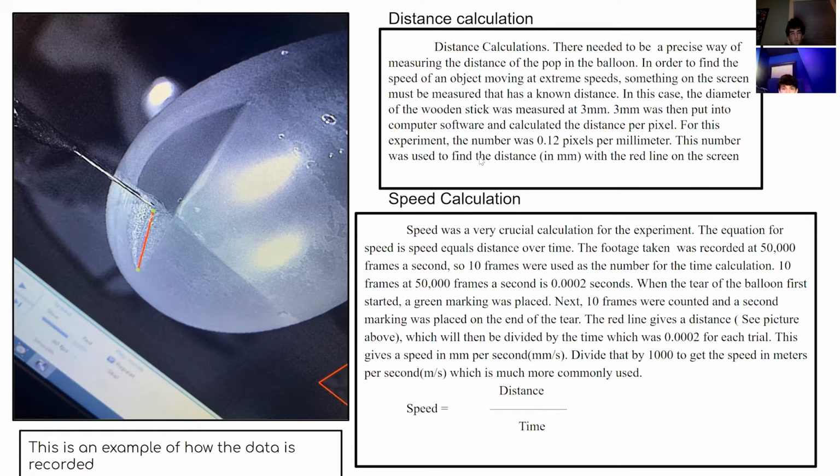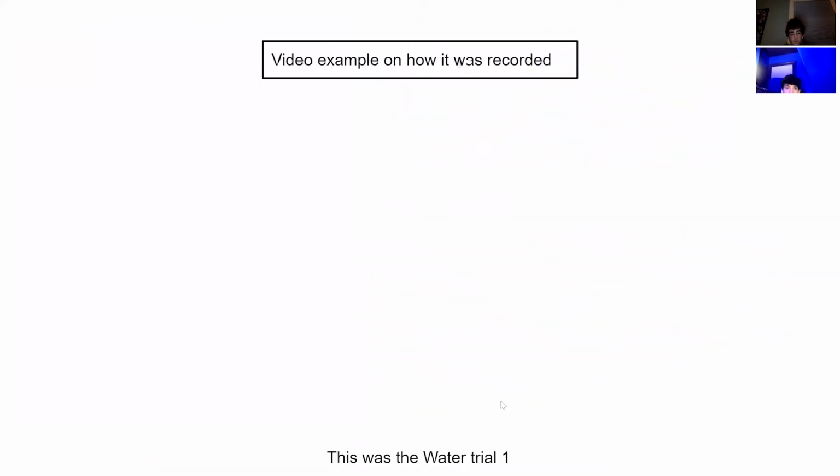Next, 10 frames were counted, and a second marking was placed on the end of the tear. You can also see that in the left of the picture. The red line gives the distance, which will then be divided by the time, which is 0.0002 for each trial. This gives us a speed in millimeters per second. Divide that by 1,000 to get the speed in meters per second, which is much more commonly used. You can see the equation down below for speed.